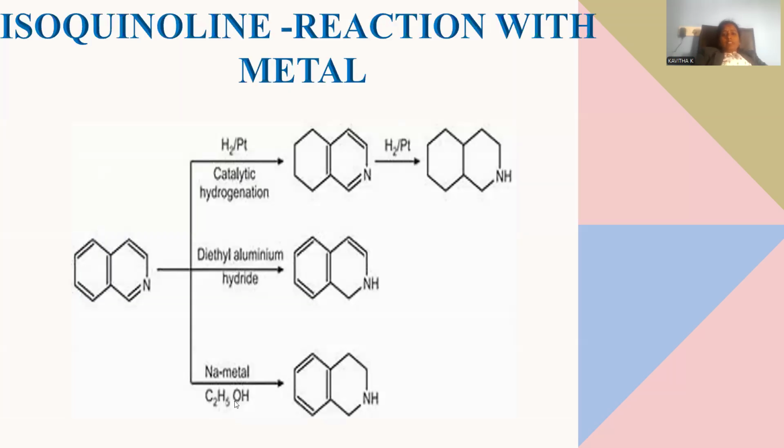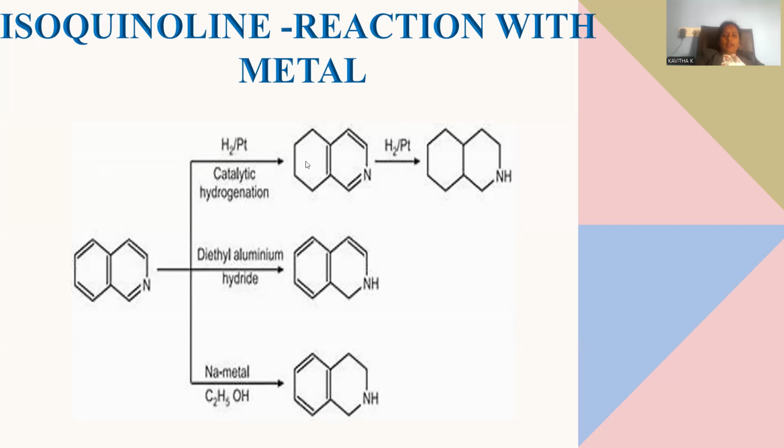And these are certain metals to be treated with the isoquinoline. These reactions give rise to a kind of partial reduction and complete reduction as well. Hydrogen in the presence of platinum, a transition metal catalyst, is applied for catalytic hydrogenation in specific.